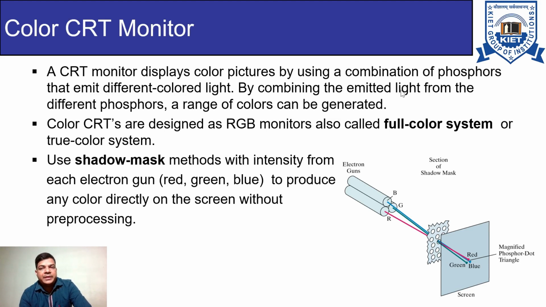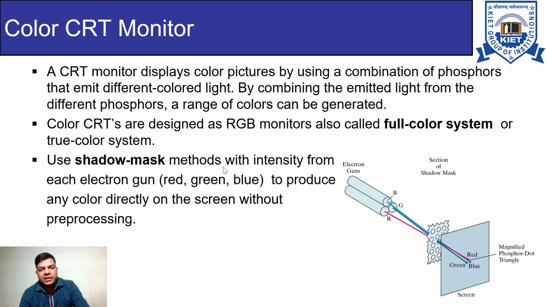By combining the emitted light from the different phosphors, a range of colors can be generated. Color CRTs are designed as RGB monitors, also called full color systems or true color systems.